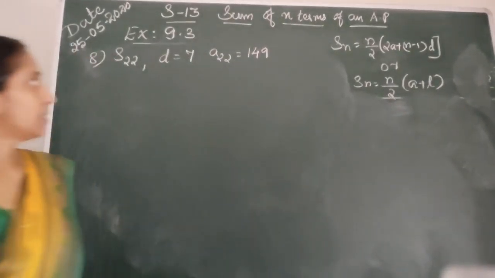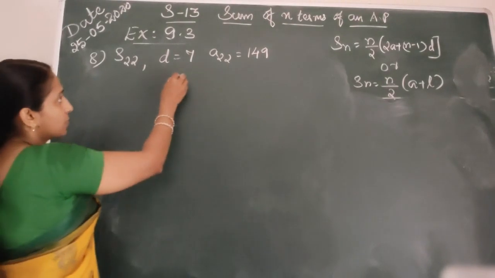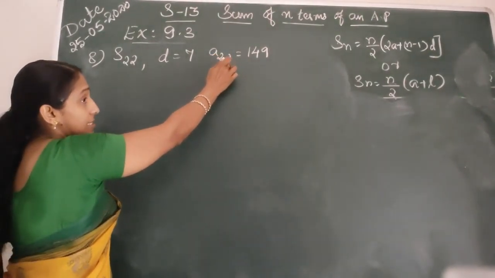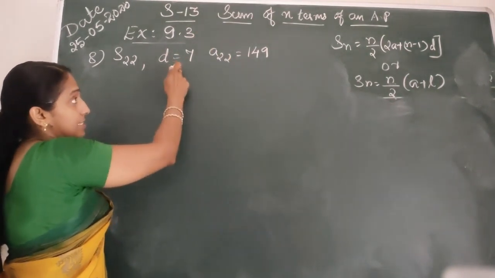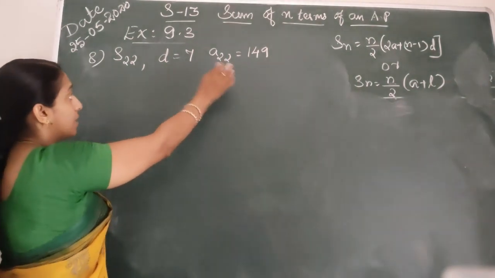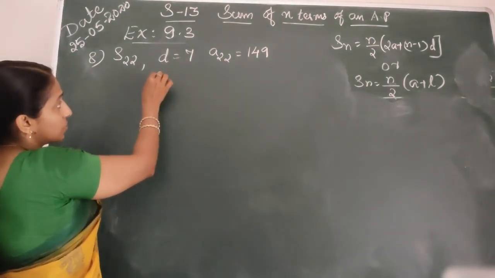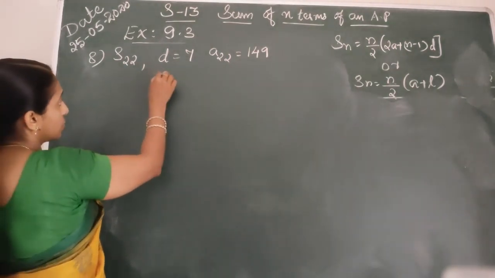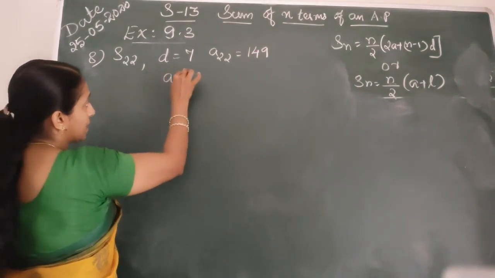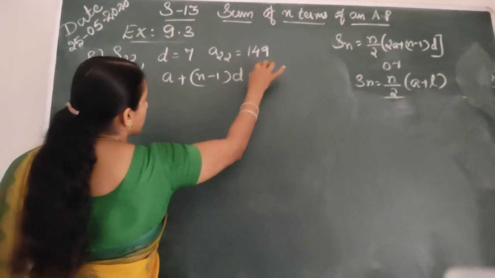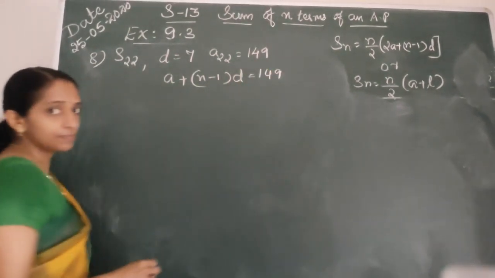How will you find out? We will substitute in the end term formula. A is unknown, D is given, and the last term is given. A is required in any of the formula, so you will substitute A plus n minus 1 into D is equal to 149.